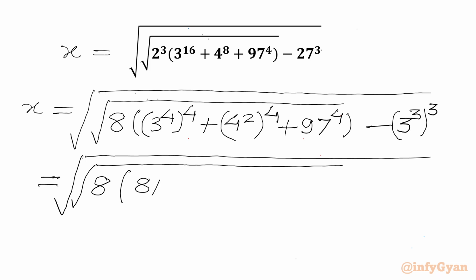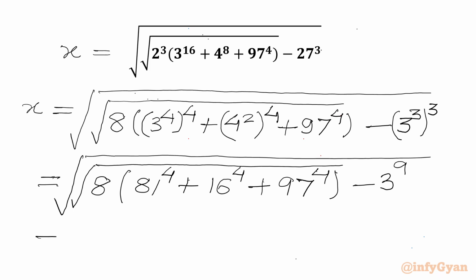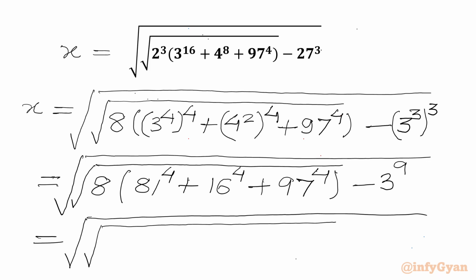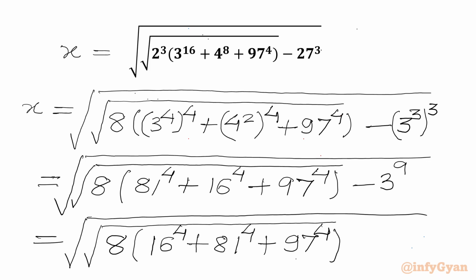So 3 power 4 is 81 whole power 4 plus 4 square is 16 whole power 4 plus 97 whole power 4, minus this is 3 power 3 times 3 is 9, which will be equal to square root of 8 times, I will write 16 first, 16 power 4 plus 81 power 4 plus 97 power 4, and then we can write 3 power 9 as 3 times 3 power 8.